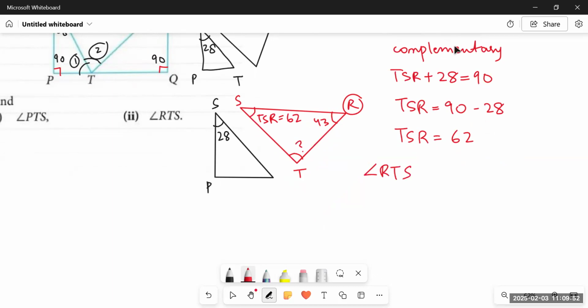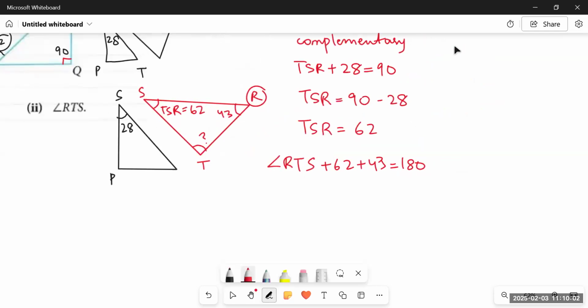Now, since we have to find out this angle RTS, we will simply write it as RTS plus 62 plus 43 is equal to 180 degrees. How? Because we'll use the angle sum property of a triangle.